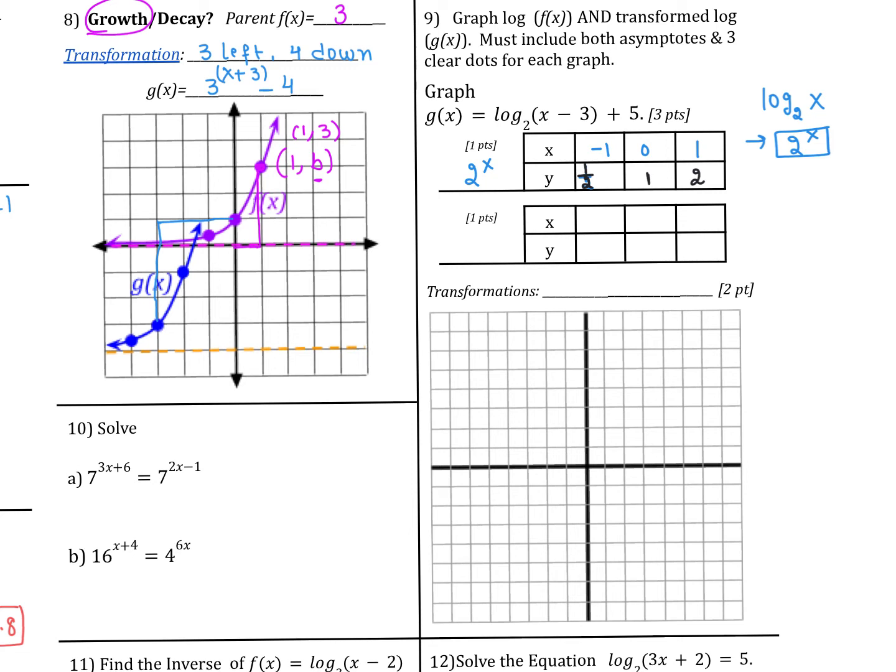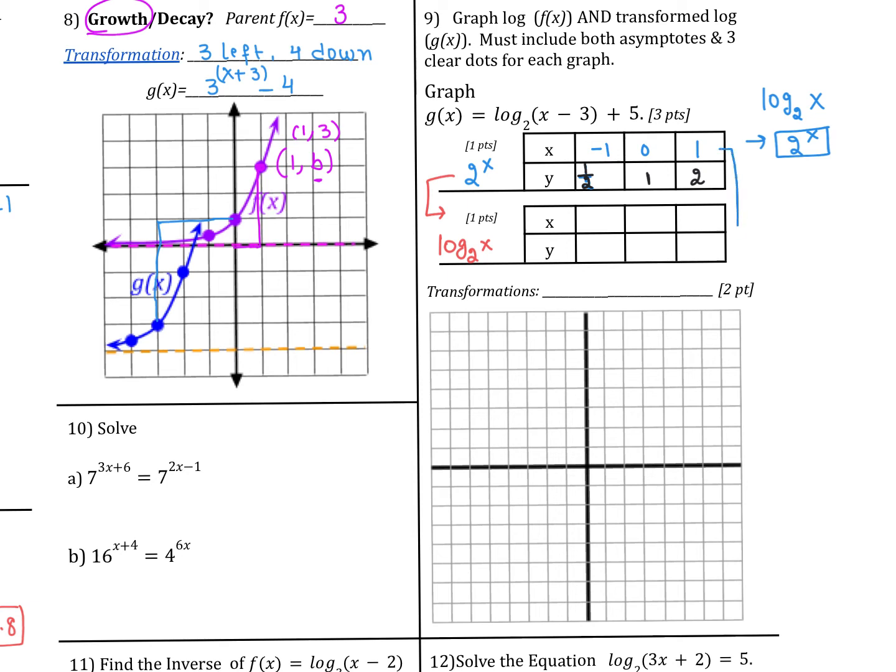Now you're going to change this into the log form, and that is log base 2 of x, a parent function of log base 2 of x without the translation. Now here you're going to switch the points.